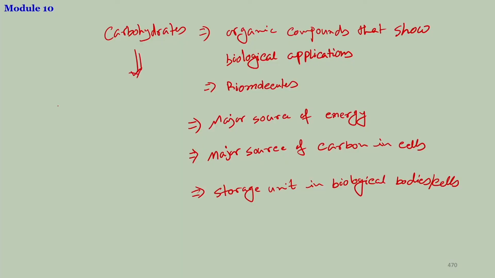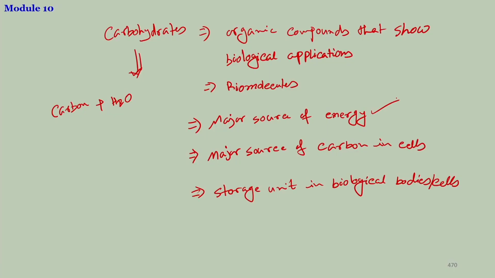Carbohydrates means it produces carbon plus water when you make it undergo massive oxidations. So, it is a major source of energy because of the metabolism effect, which basically means the oxidation of the carbohydrates produces the energy.